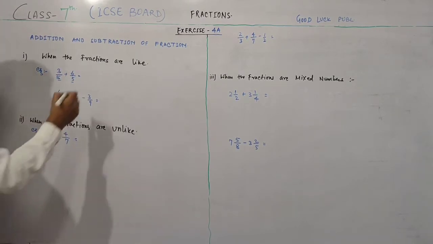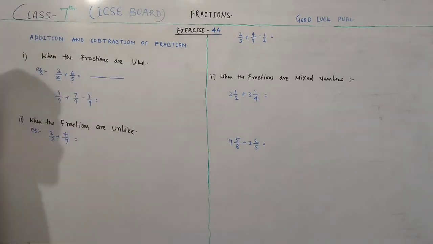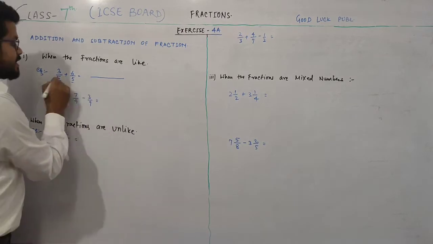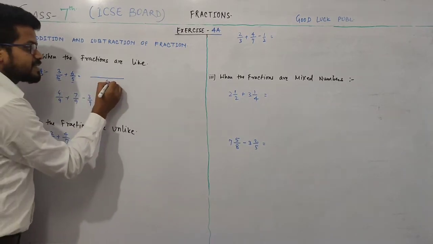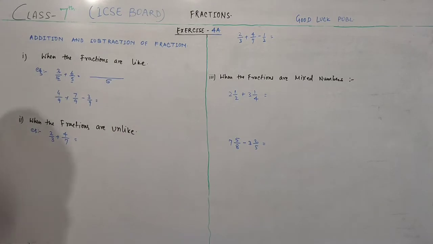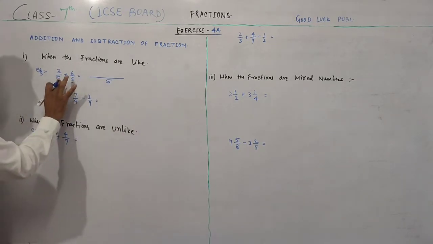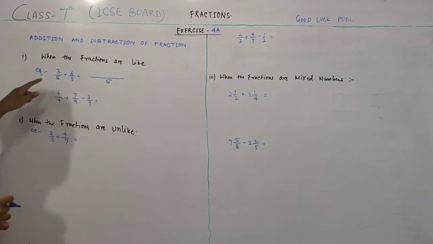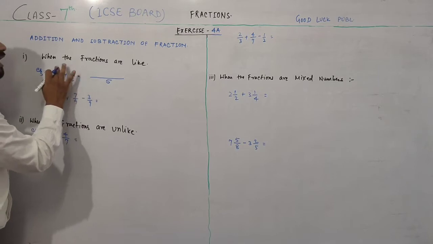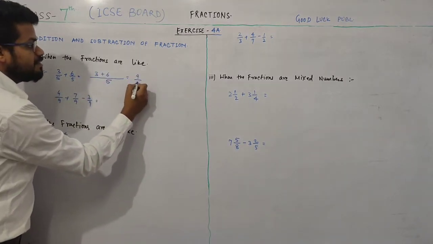So in that case, we simply draw a horizontal line and take the number which is in the denominator. Here it is 5 and 5, so I simply take 5. After that, we simply add the two numbers: 3 plus 6 is equal to 9 by 5.